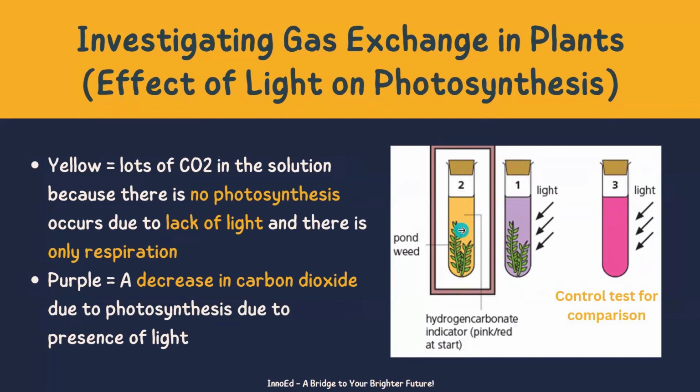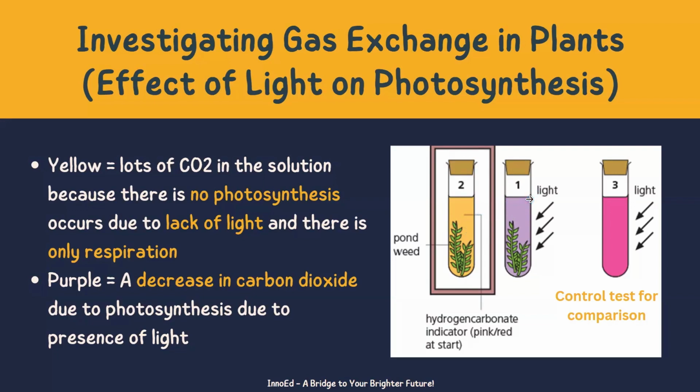Since there is a pond weed here, we can assume that this acidic pH is due to an increase in carbon dioxide level in that solution. So this means there is no photosynthesis happening inside that pond weed.